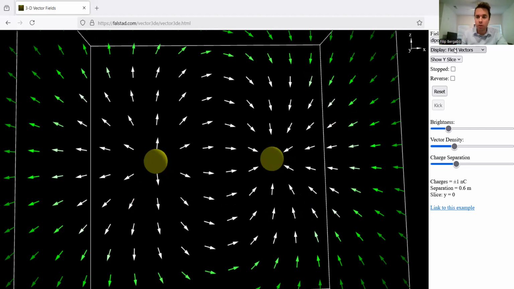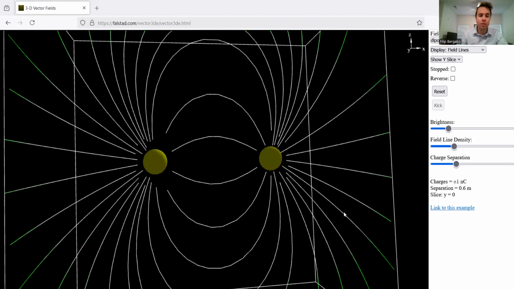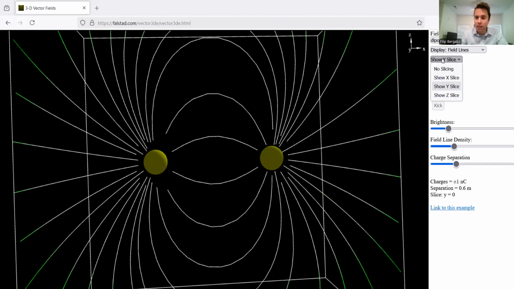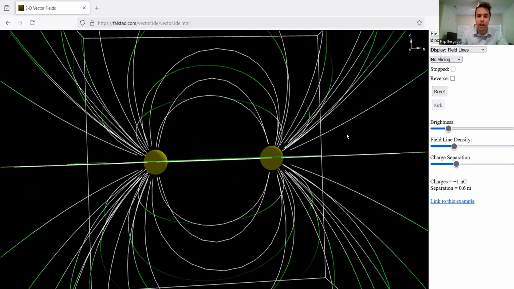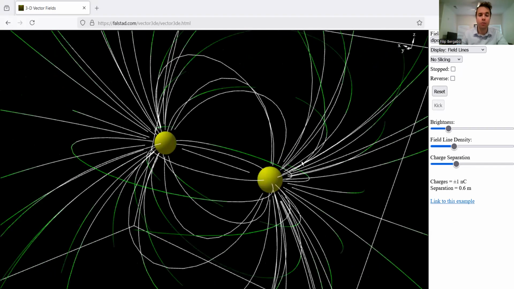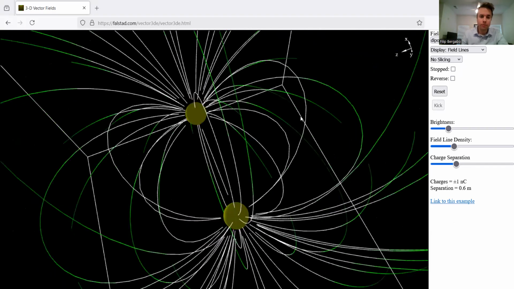So indeed, we can also look at the field lines, and this does look similar to what we just drew on the whiteboard. Notice that we have lines, and in this case they don't draw arrows on the lines. I draw the arrows because I think they're helpful to recognize which is the positive charge and which is the negative charge. And of course, once again, this truly is a 3D system. So here you can see the field lines in their full three-dimensional structure.